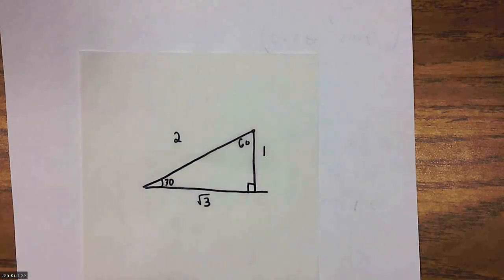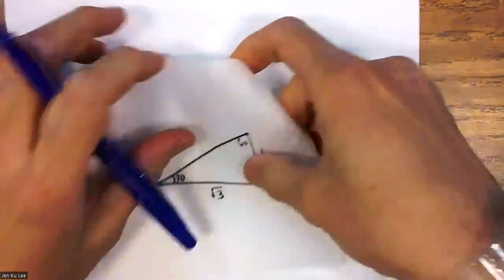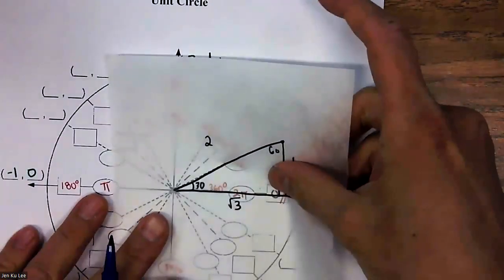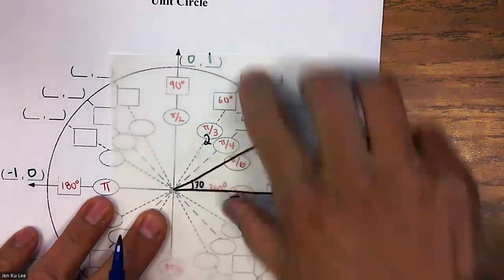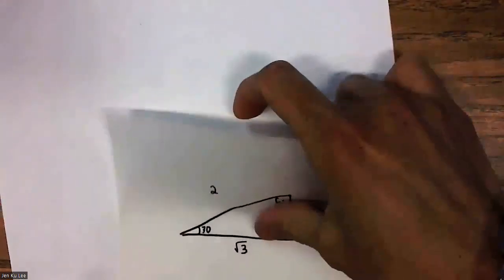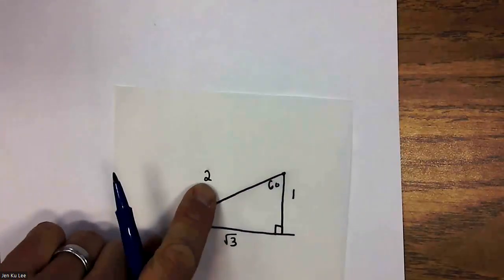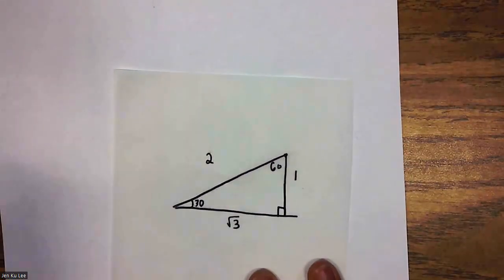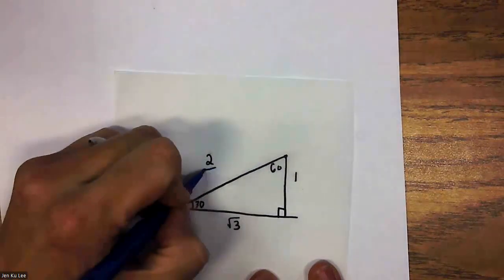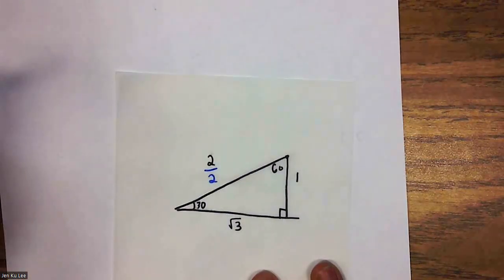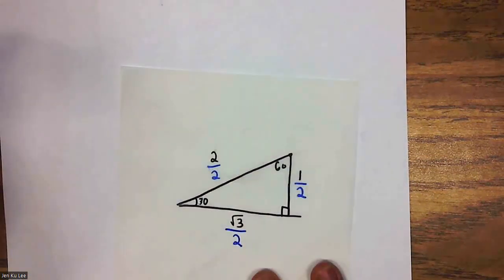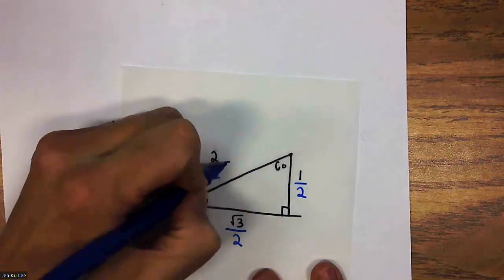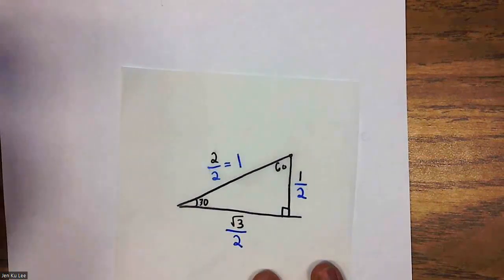In this unit circle triangle, my radius is 1, correct? Well, which side is my radius? Let's see. It's going to be this 2 side, right? So remember we did this activity where I have to make this equal to 1. So I'm going to divide by 2, right? I'm going to divide by 2 here and divide by 2 here. Okay? So now this is 1.